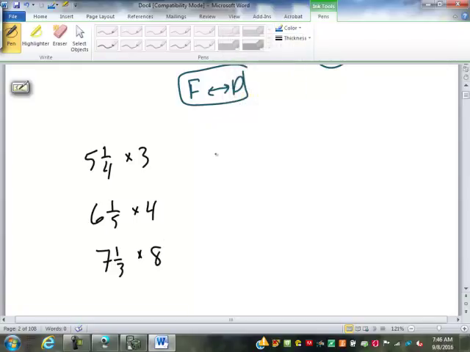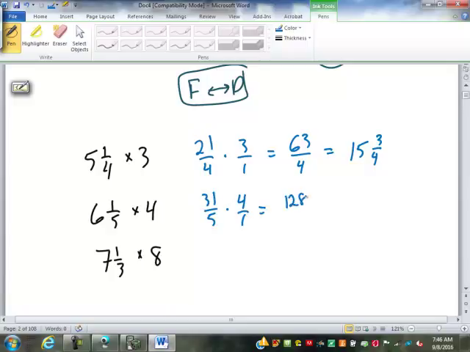So now we have to multiply this out. 5 1/4, that's 21 over 4, times 3, so that's 63 over 4, or 15 3/4. 6 1/5 is going to be 31 over 5 times 4 over 1.